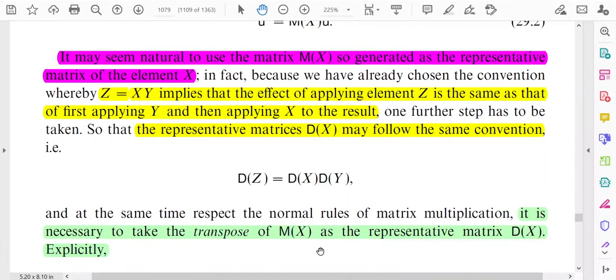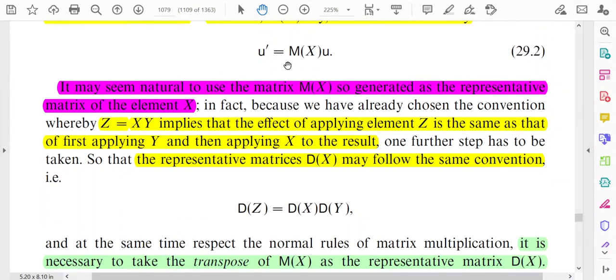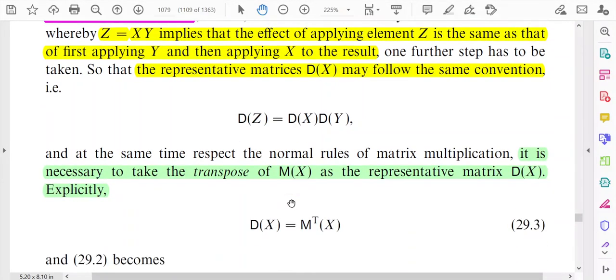Now as we have told earlier, from this relation there is a particular matrix Mx which we will use to find the representative matrix. Now the representative matrix dx, we write it in this way, that is dx is equal to m transpose x.